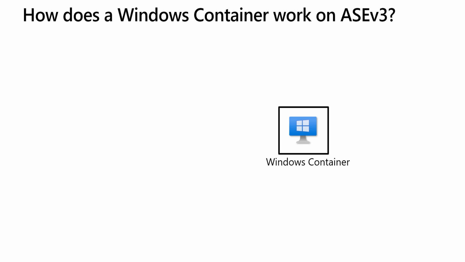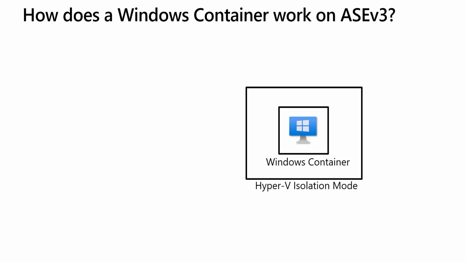Well, you start out with a container, and the platform will always run those containers using what's called the Hyper-V isolation mode. Now, if you've worked with Windows containers before, you know that there's also a process isolation model for Windows containers. However, on Azure App Service, we always use the Hyper-V isolation model, and the reason why is effectively it's running your container in a miniaturized virtual machine.